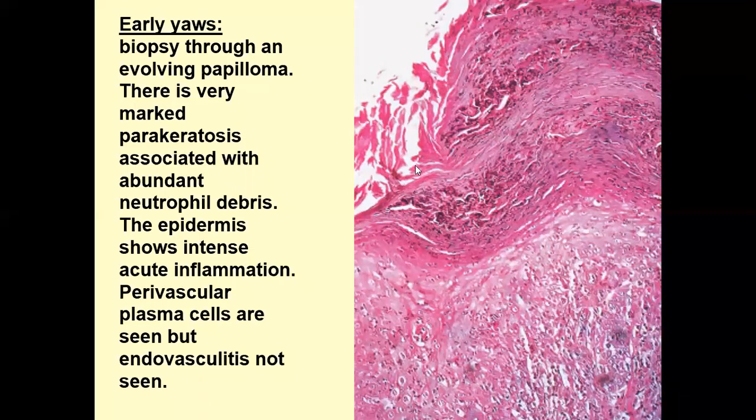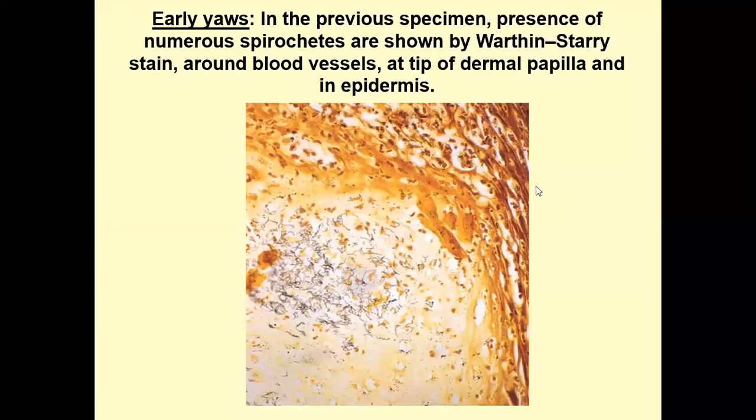So all these findings are the findings of ecthyma. You won't be able to differentiate it from ecthyma on H&E. However, if we do Warthin-Starry stain, then we will be able to appreciate these spirochetes within the infiltrate.